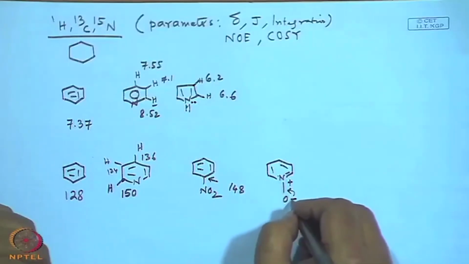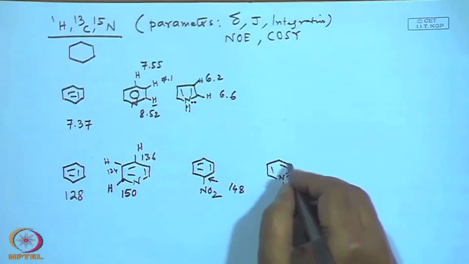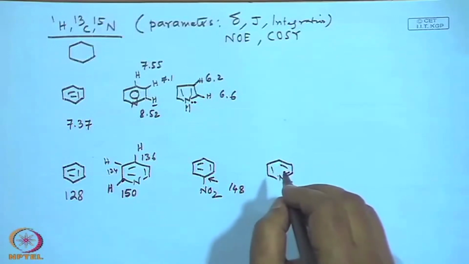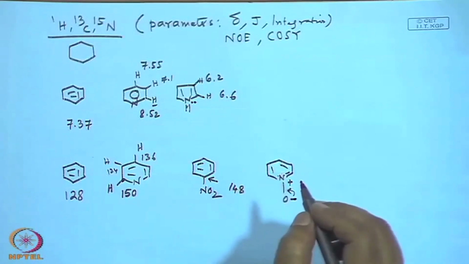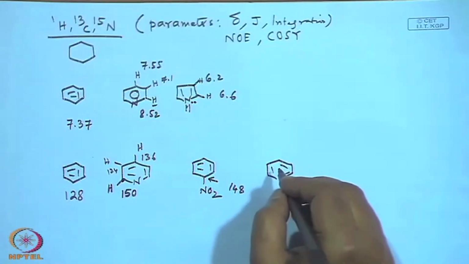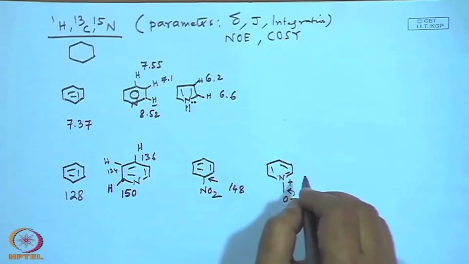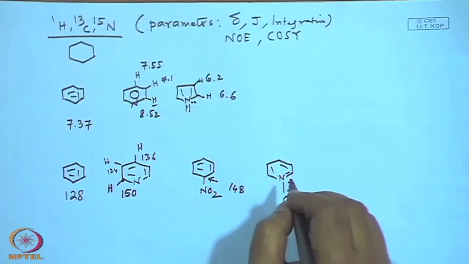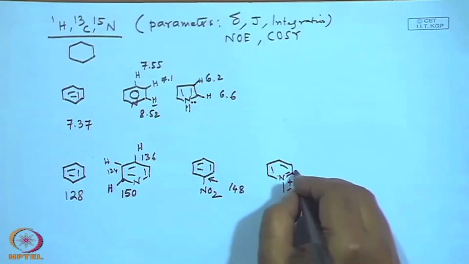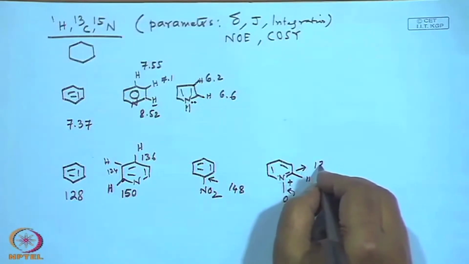Because of the resonance of these oxygen electron pairs, you will find the pyridine ring is now electron rich compared to the parent pyridine. That means if the electron density increases around the ring, the obvious conclusion is that the chemical shift decreases, and that is what we will see for this carbon here, now it is 139.